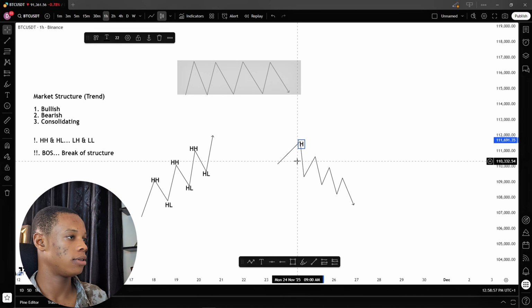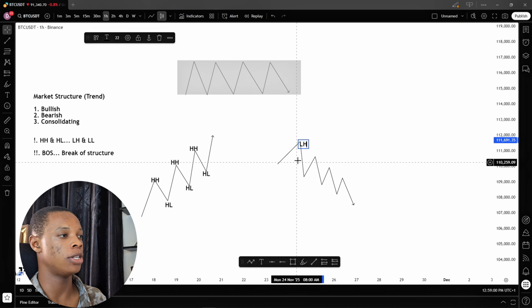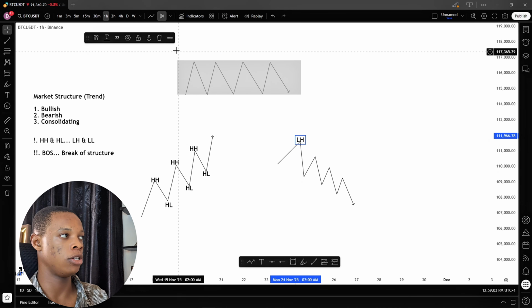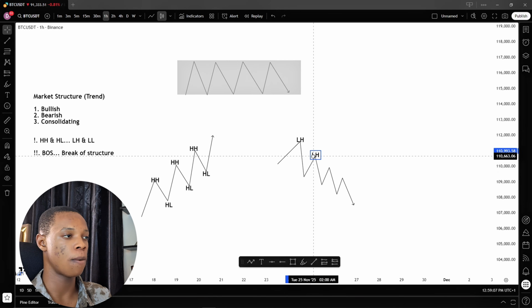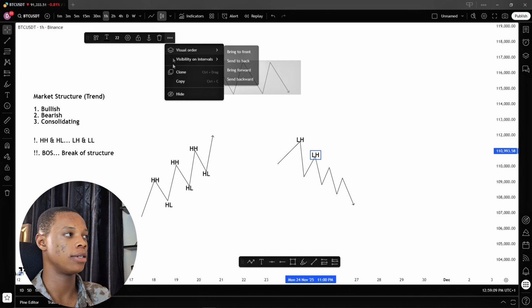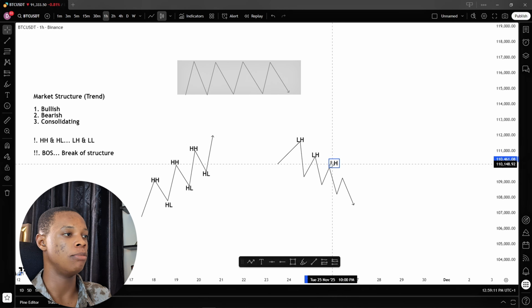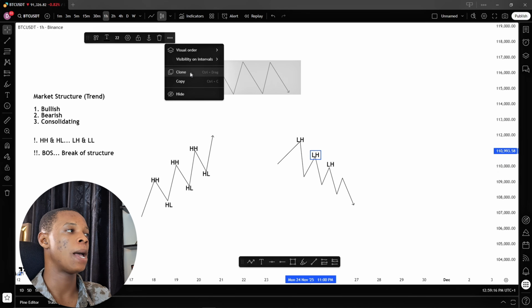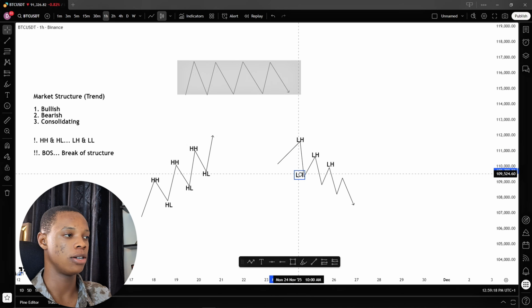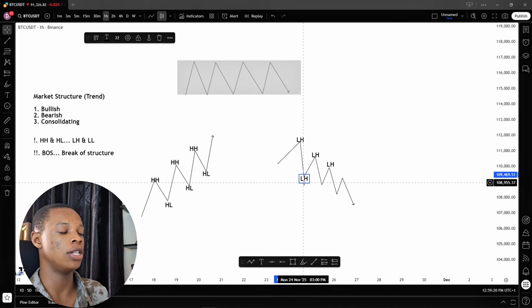It's creating another low, which is a lower low, and lower highs. So pretty much this market is bearish. Now, this is not the way I personally know my trend. I use the second one, which is the break of structure, and that's what I'm going to talk about now.